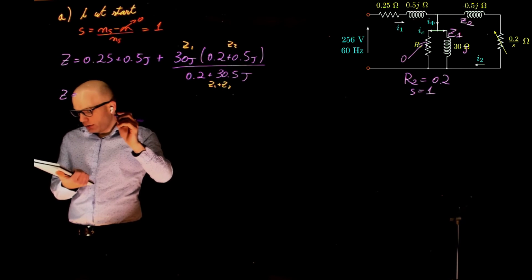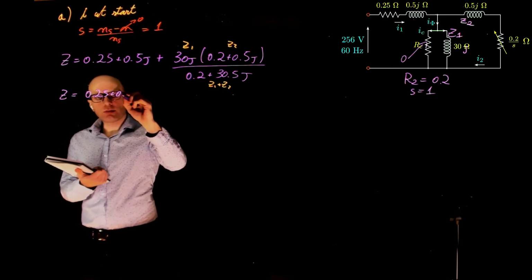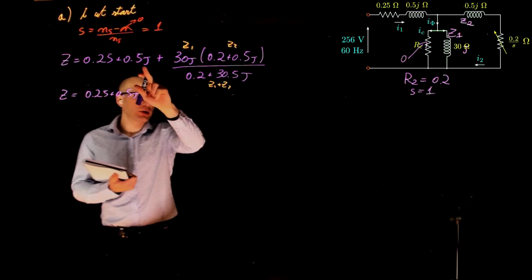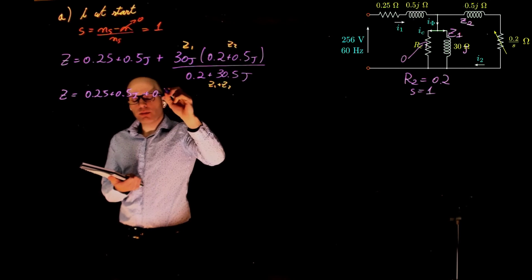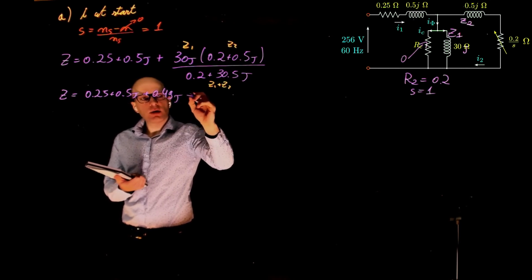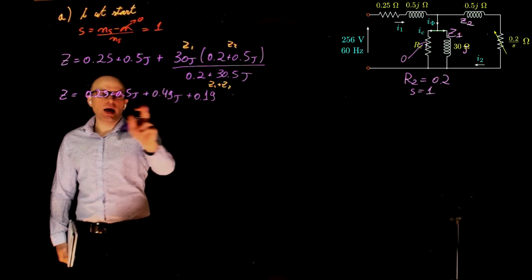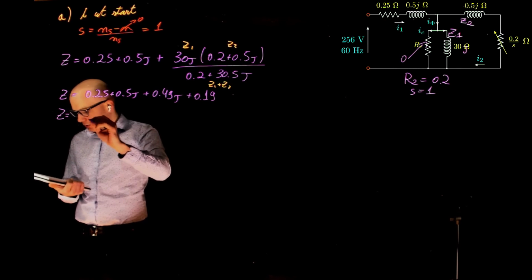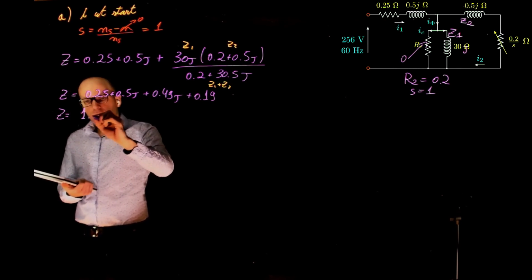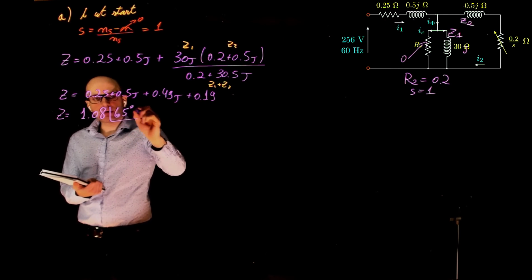And this gives the impedance as 0.25 plus 0.5j, which is the first part of the circuit, plus 0.49j plus 0.19. We can add this up, create a vector, and just give you the final result. From electrical circuits, you probably remember this: 1.08 ohms with a phase of 65 degrees.